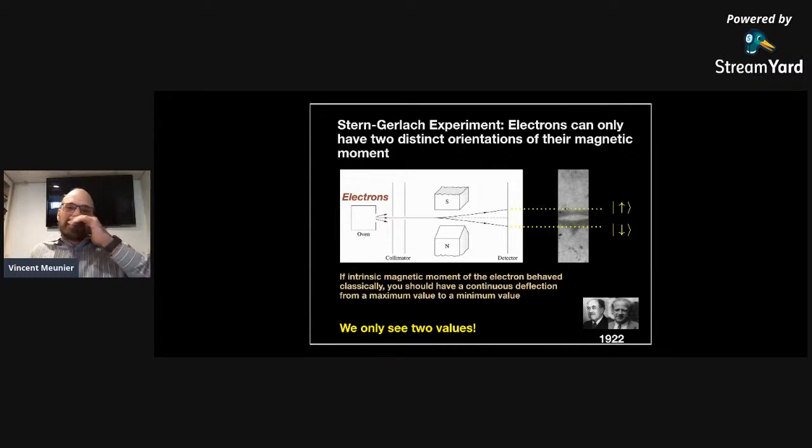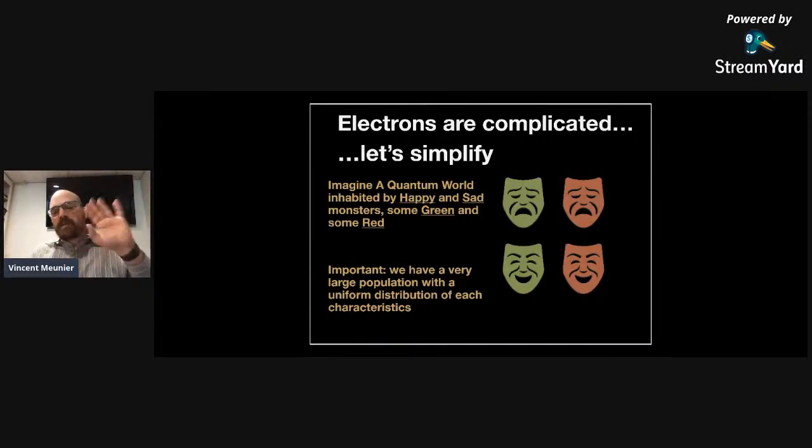So let's try to look a little bit more into this. What's the weirdness about quantum mechanics when we get to this? For that, let's forget about electrons, because they are way too complicated and we don't necessarily understand them. Instead, we are going to consider that we have monsters. And we only have two properties for monsters.